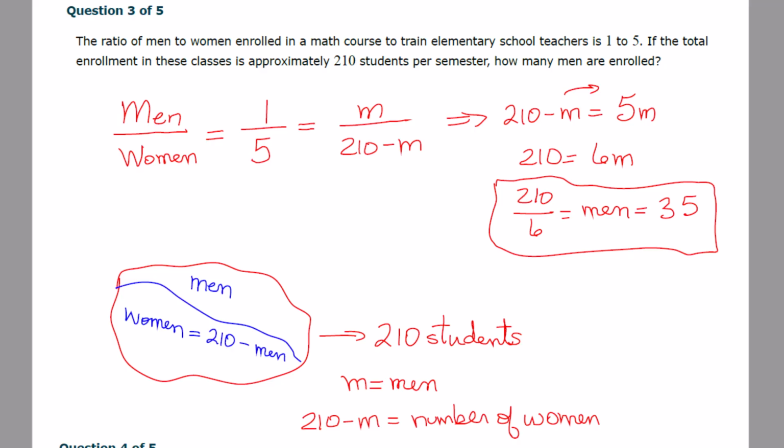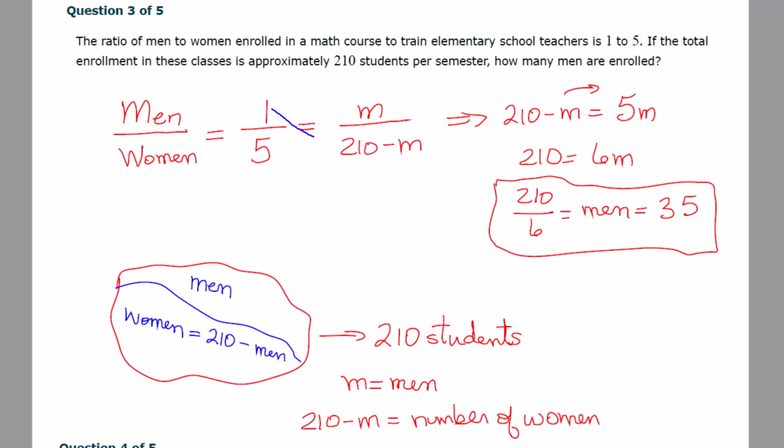If I know that in the class there are 210 students, well, some of them are men and some of them are women. Well, if I know men, then the amount of women in there will simply be 210 minus the number of men. Okay, so I'm going to put that up here with men and women.